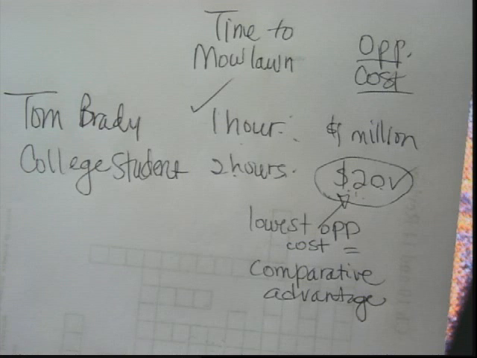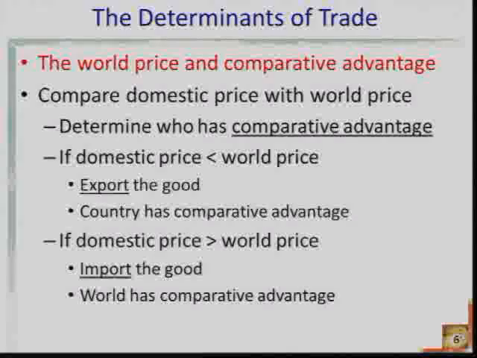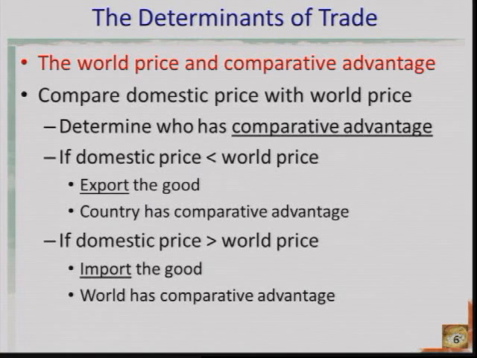Okay, so let's come back over here. If we can make the product here for, let's just say, $10.25, that was our equilibrium price before, for less than what everybody else out there is buying and selling it for. Let's pretend the world price, we'll just keep it easy, our domestic price is $10.